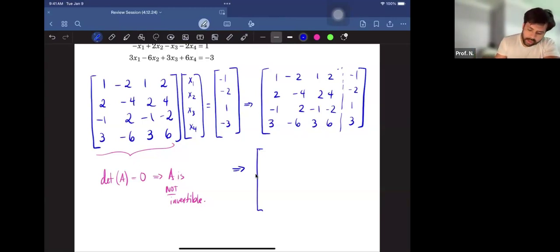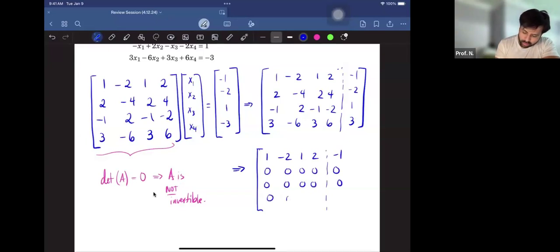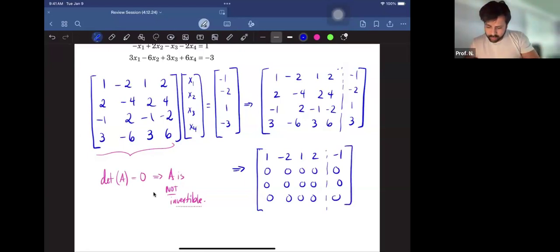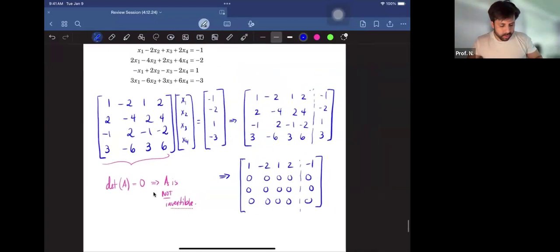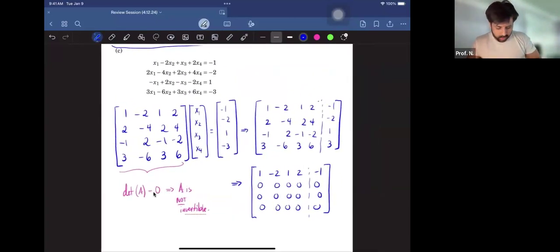Okay, so I get 1, -2, 1, 2, -1, and a whole bunch of zeros. Just make sure my matrix A is fine. 1, -2, then 2, 4, 3, -6, 3, 6, 1, -3. Yeah, this looks right.